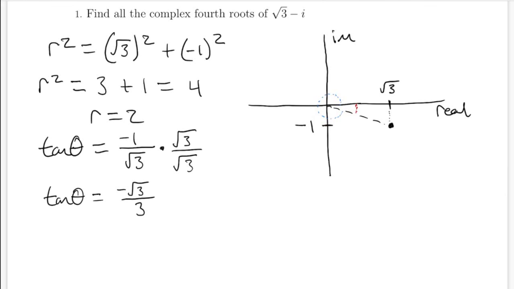So then my theta in this case is actually going to be 330 degrees. And now we found r and theta. So you could take theta equal to negative 30 degrees, and that would technically work. However, when we use this formula, I like to have my angle as a positive angle measure between 0 and 360, right? So I'm taking this one. So now that we have r and theta, let's see if we can rewrite this number in polar form.